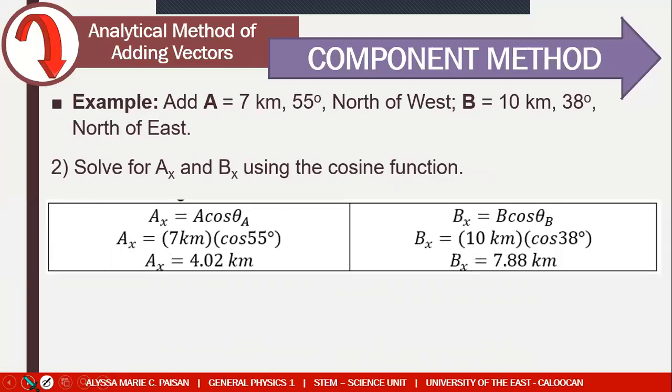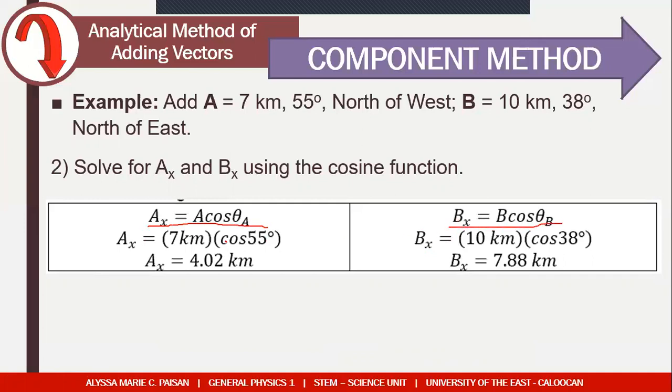Step number 2 is to solve for A sub x and B sub x using the cosine function. In other words, you have to solve for the x components of the vectors. So again, we have the equations familiar to you from the previous lesson.